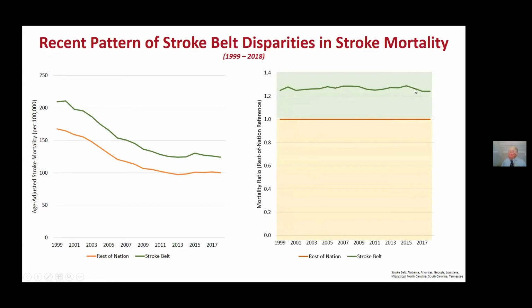And over these 20 years, despite the declines, it has remained incredibly persistent. It's still 28%. So over the last 20 years, we've made zero difference in reducing this disparity, which, by the way, strikes Alabama heavily also.